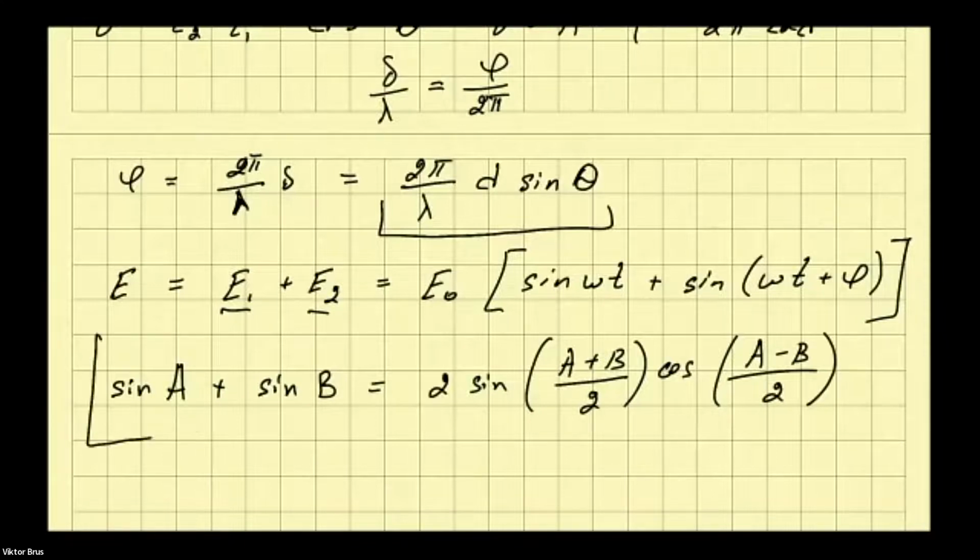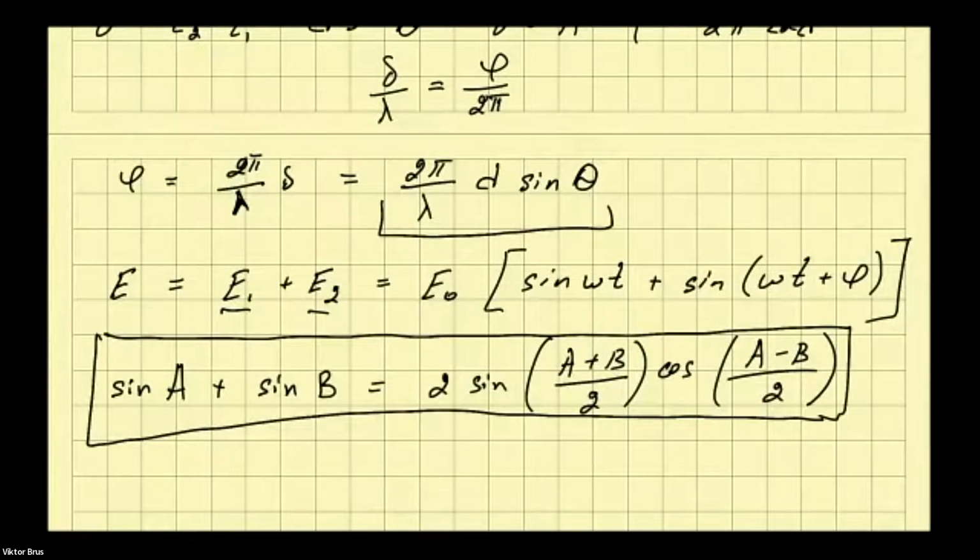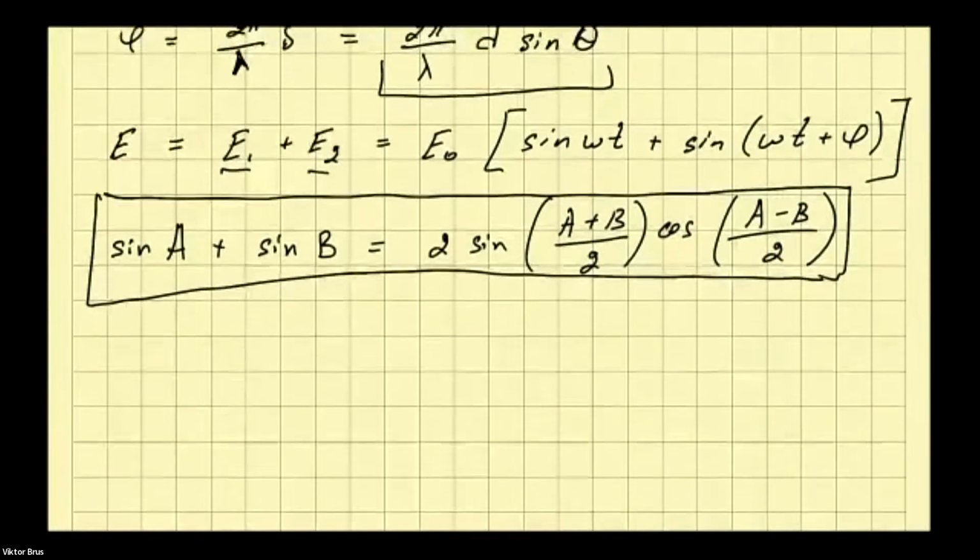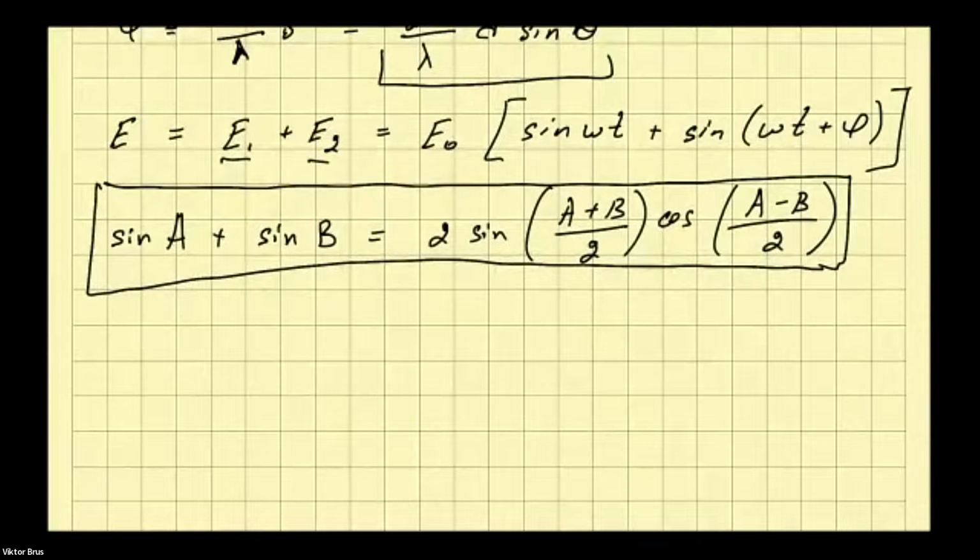So taking this into account, we can modify the previous expression for the resultant electric field, assuming that A is equal to omega t plus phi, let's say, and B is equal to omega t.